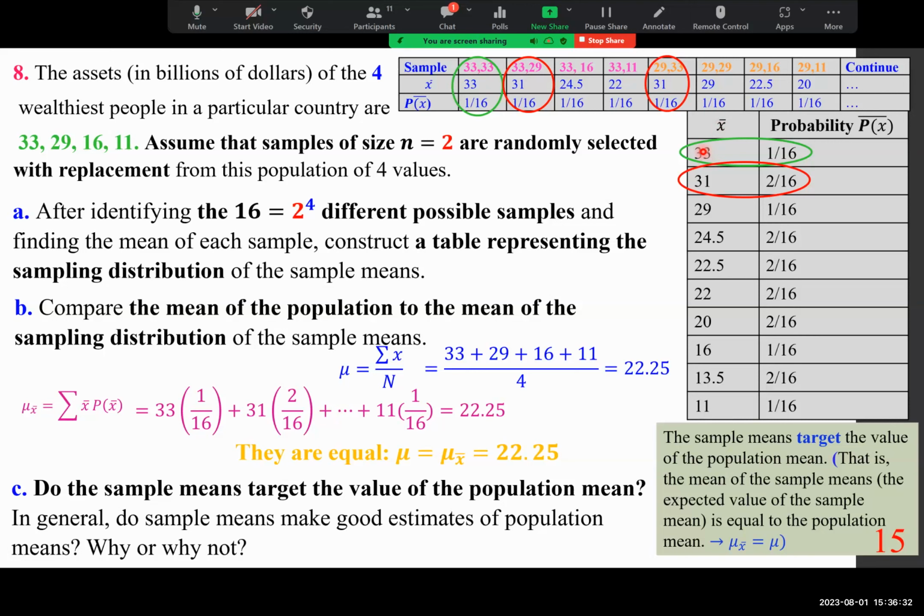So you have to add those numbers and divide by 16. But when you get to 33, you have one of them. 31, you have two of them, 31 plus 31. 29, you have one of them. 24.5, you have two of them. And then you divide by 16. It's the same as multiplication of these two. And they are identical.